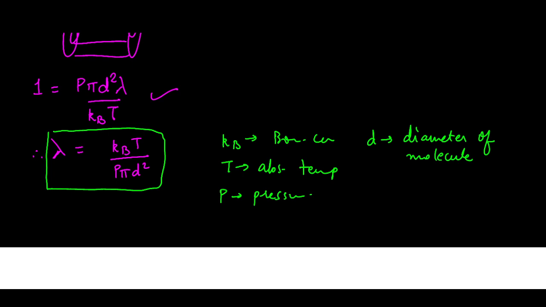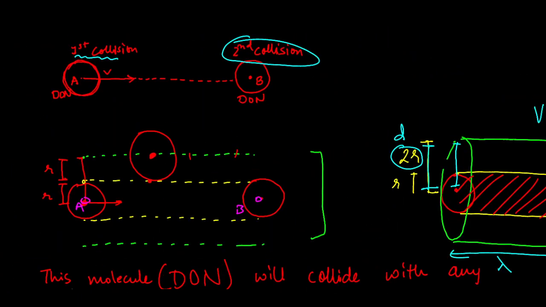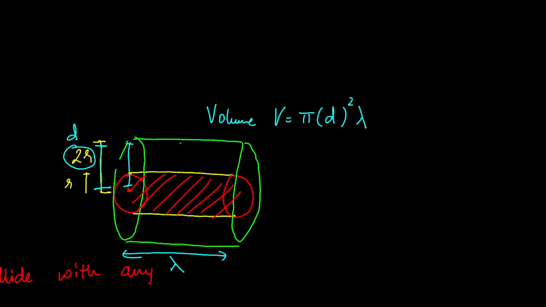So lambda is derived like this, okay, but we made an assumption. I was telling you that when we took a cylinder, hopefully you remember, we assumed that if there is any molecule, it is stationary. Remember?